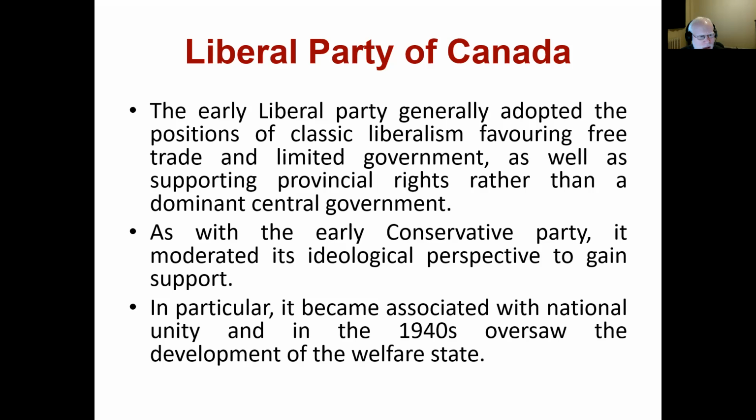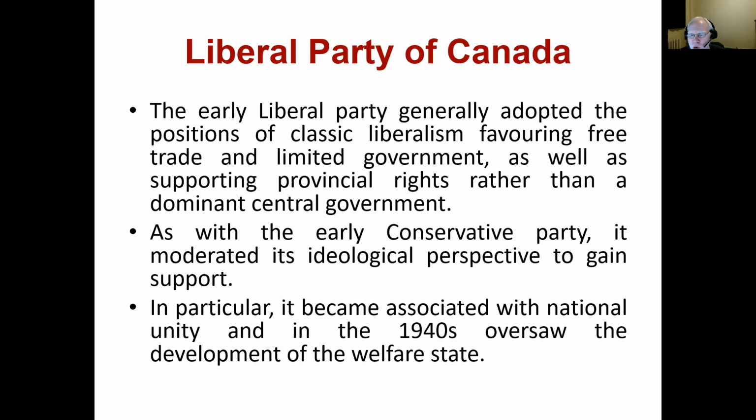So a classic liberalism favoring free trade and limited government, as well as provincial rights rather than a dominant central government. So regional rights, as small a government as possible, government steps in only to solve whatever problems are absolutely necessary that the market can't handle, and open to free trade.